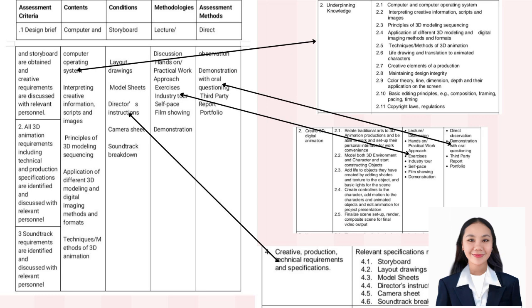When it comes naman po sa condition, nag-refer ulit po kami nito dito sa range of variables. For the methodologies and assessment methods, nag-base po ulit kami nito sa training regulation na align sa aming first learning outcome. So, when it comes to the contents, condition, methodologies, and assessment method, ito po ay pinili namin and align po ito sa assessment criteria.